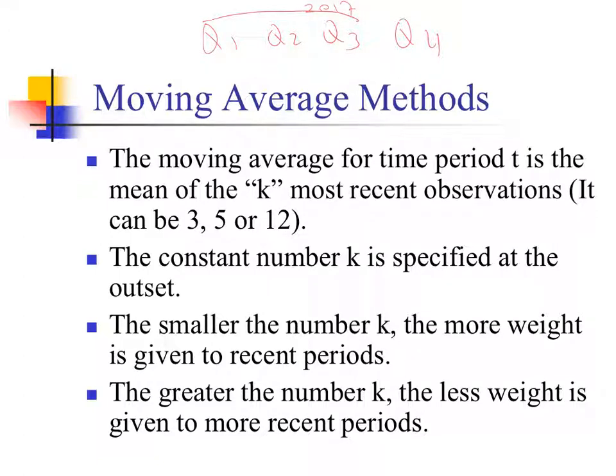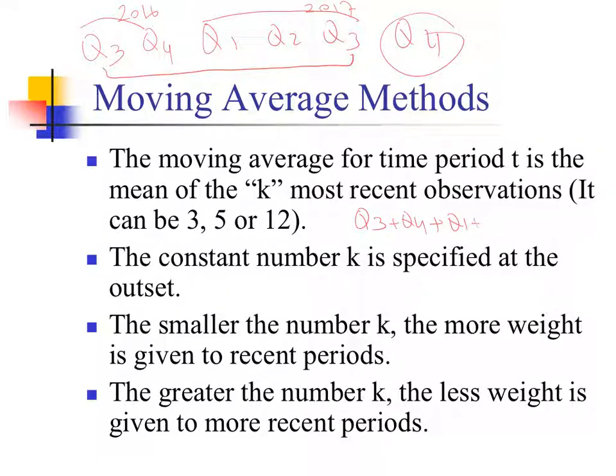Now if I want to use MA5, then I need to add quarter 3 and quarter 4 from 2016, because I need the 5 most recent observations to forecast quarter 4. So I'm going to get the average of quarter 3 from 2016, quarter 4 from 2016, quarter 1, quarter 2, and quarter 3 from 2017, and divide by 5 to find the quarter 4 forecast.